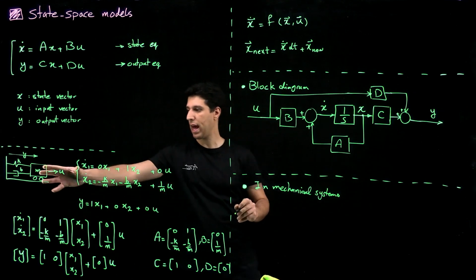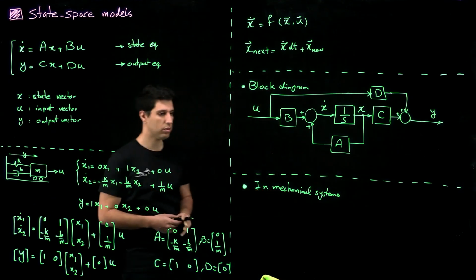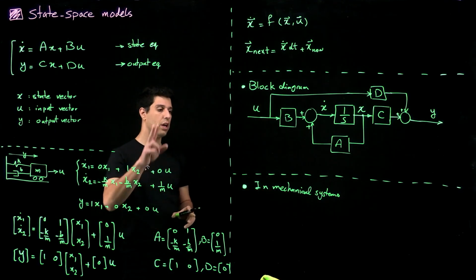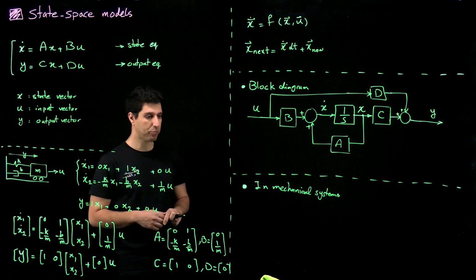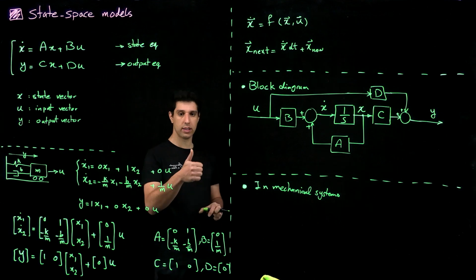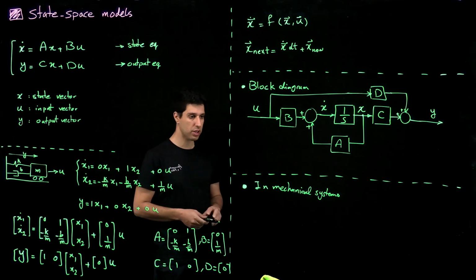Where we have a mass, essentially, we're dealing with accelerations. We had this before, that for every degree of freedom, we have 1 second order differential equation.